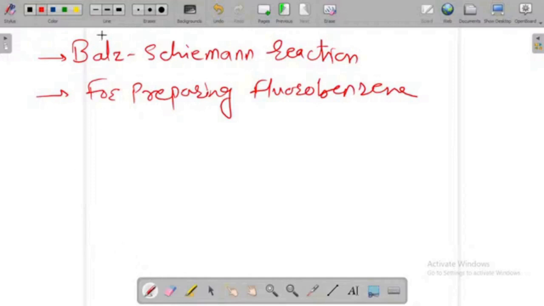For preparation of fluorobenzene from benzene diazonium chloride, we are using this reaction.